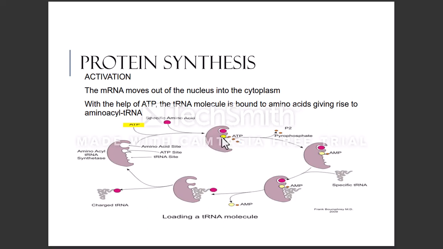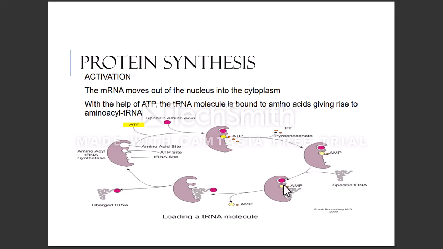During activation, you have an ATP molecule and the specific amino acid that binds to the enzyme. You can observe here our ATP with its nucleoside and three phosphate groups. Two of these phosphate groups are released and energy is used to fix a specific transfer RNA.